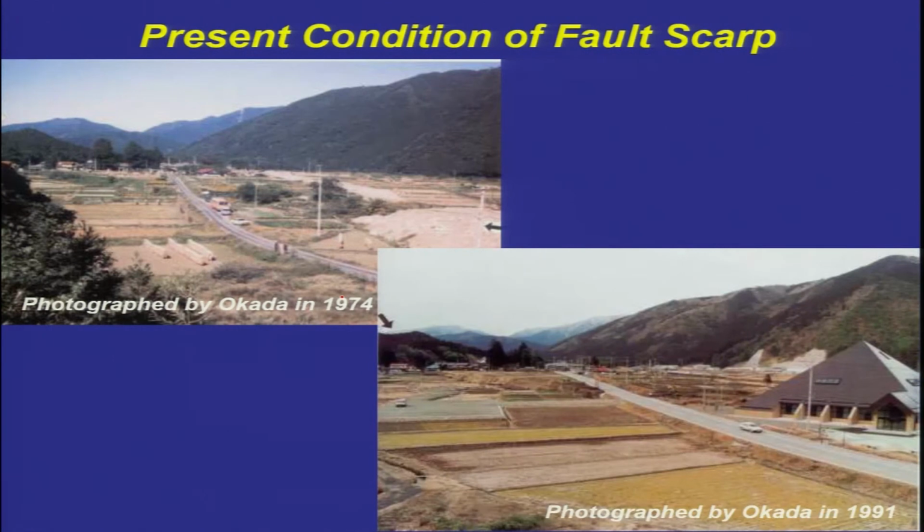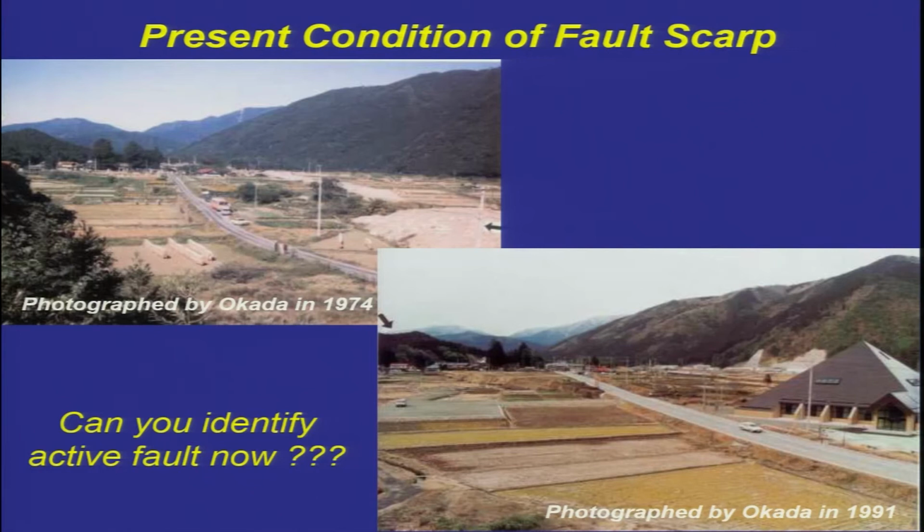Further, if you see, the fault scarp runs here, almost close to this building here. So, this was photographed in 1991 by the same geologist, Okada, who photographed it in 1974, and further in 1991.